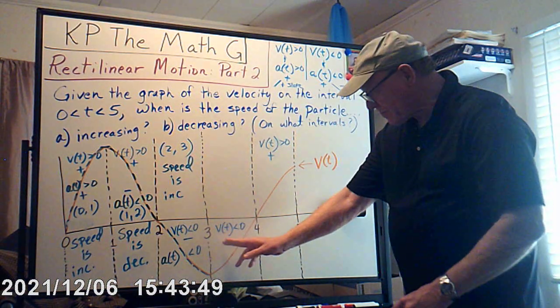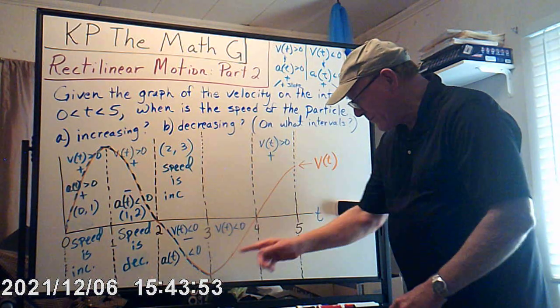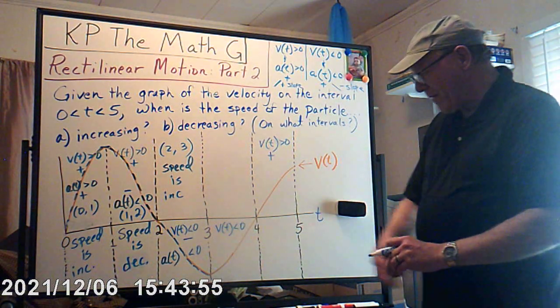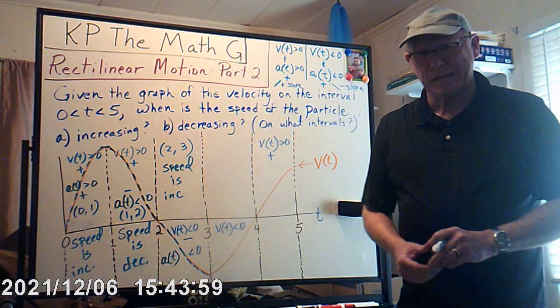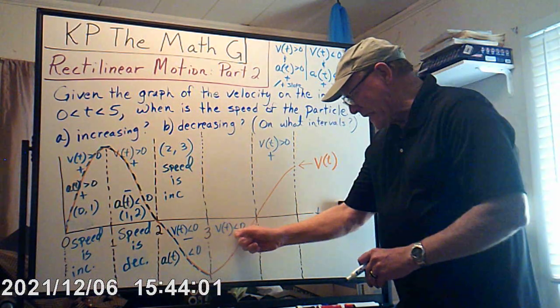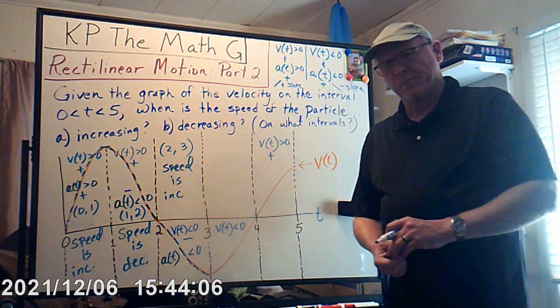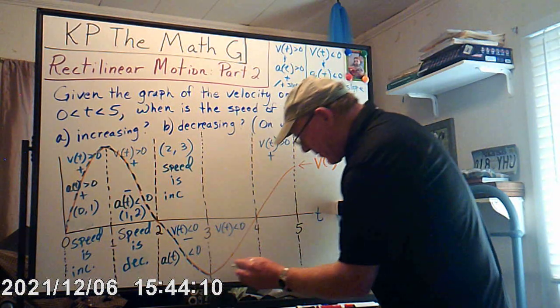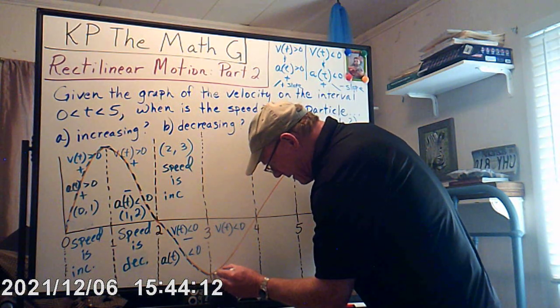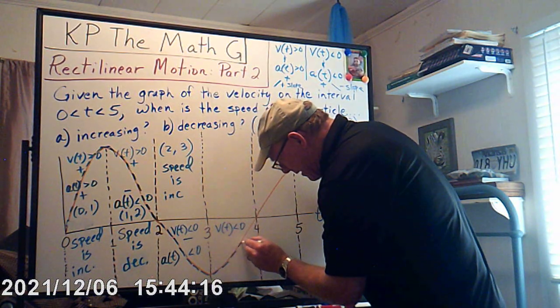Look at this one here. Between 3 and 4, because the velocity is below the t-axis, the velocity is decreasing. And notice here that the acceleration is leaning to the right.